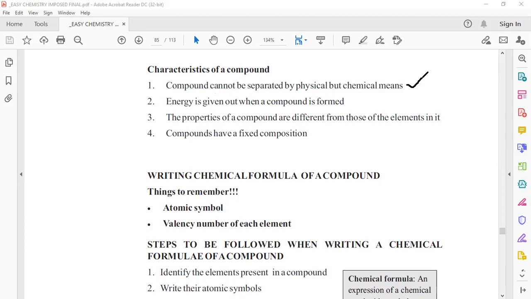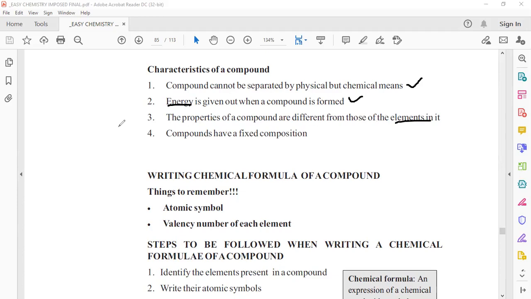You're combining two different elements chemically, so you cannot use any physical means to separate them, but you can use chemical means. Energy is given out whenever you form a compound.